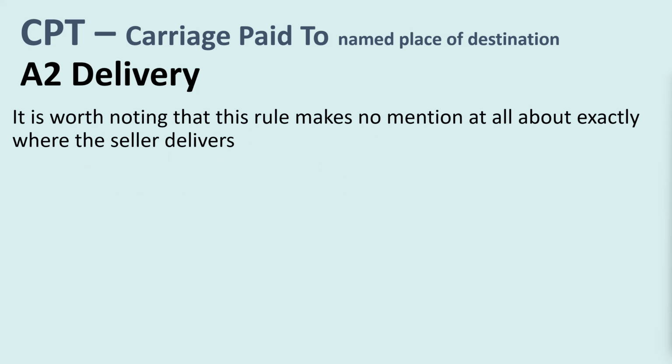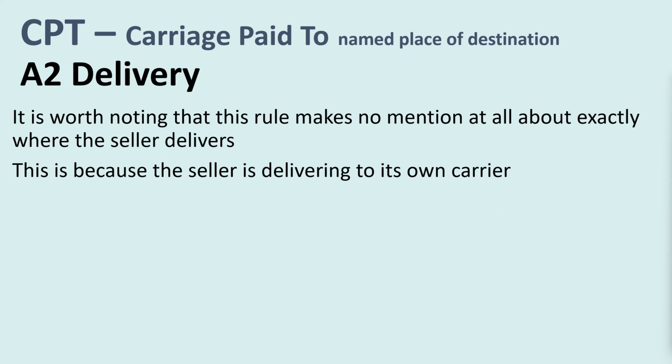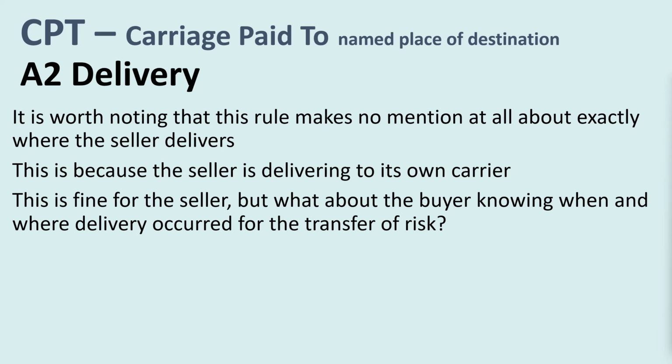It's worth noting that this rule makes no mention at all about exactly where the seller delivers. Now, this is because the seller is delivering to its own carrier, so there's no need for the coordination between the buyer's carrier and the seller. Now, it's fine for the seller, but what about the buyer knowing when and where delivery occurred for the transfer of risk to them?